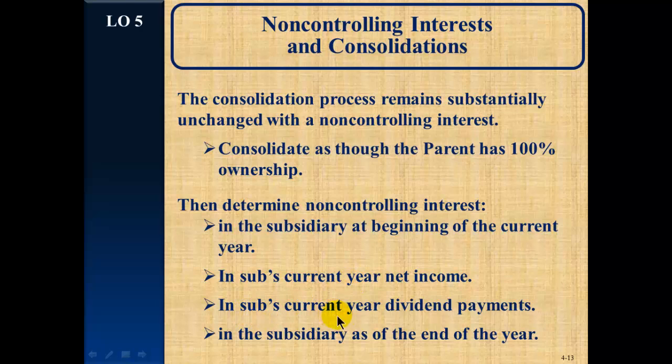And then the current year dividend payments also, there's a piece that's going to those shareholders, say in this case 10% shareholders, they're getting a dividend, so there's a piece of that, and then the other piece goes to the controlling interest that the parent company has. And then in the subsidiary as of the end of the year, that's where you're going to have a small roll forward of that non-controlling interest. Again, pay very close attention to the other video where we explain how this is handled.